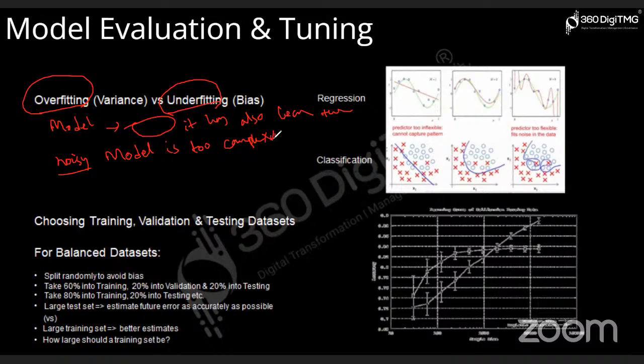Model can learn complex data, but our data is very simple. If we are having simple data, but the model learning is too complex, this model will also learn the noisy data in this data.